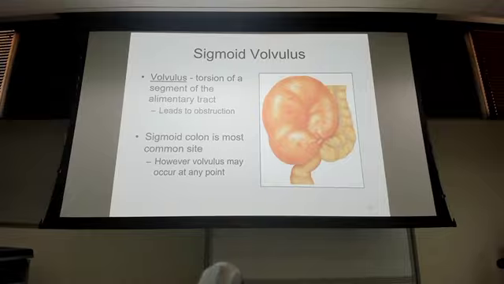Obviously there's an obstruction because where it's twisted, you don't have normal peristalsis through that compressed and distorted portion of the large intestine. Usually sigmoid colon, that's why it's called sigmoid volvulus. You can have volvulus anywhere in the large intestine, but normally it's sigmoid. If it's not in the sigmoid, then it's not sigmoid volvulus, it's just volvulus.